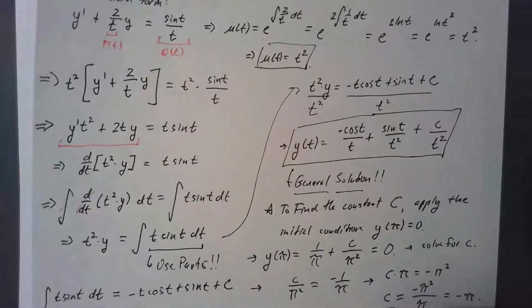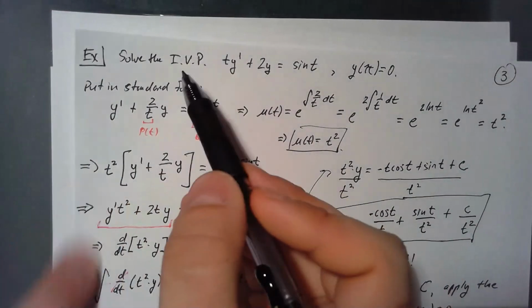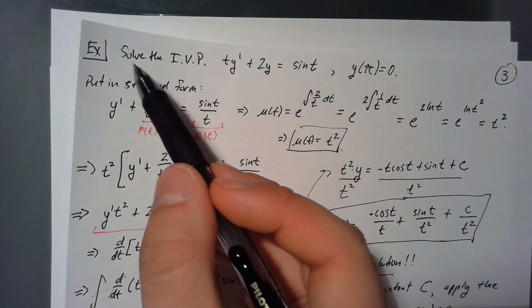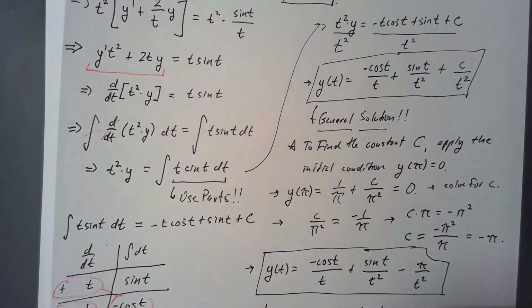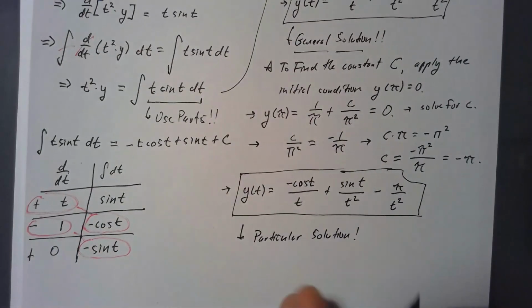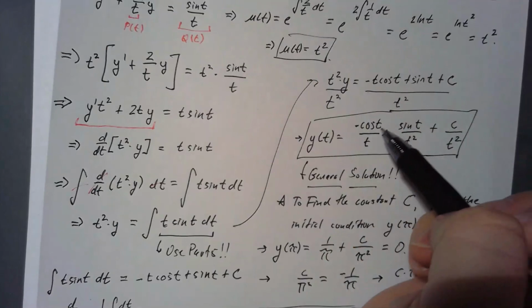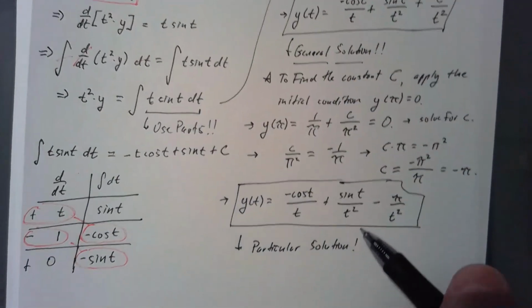So if you see problems like this on your homework, and you will, and on exams, and even on your packet, when they say solve the IVP, they're saying find a particular solution, because you're not only finding the general solution, but you're applying the initial condition to find the particular solution.